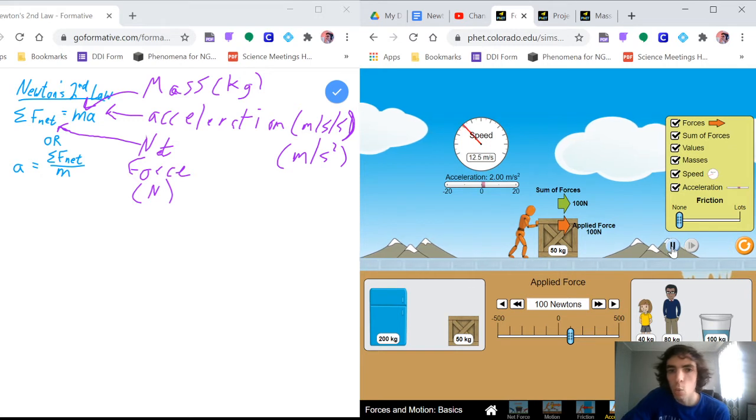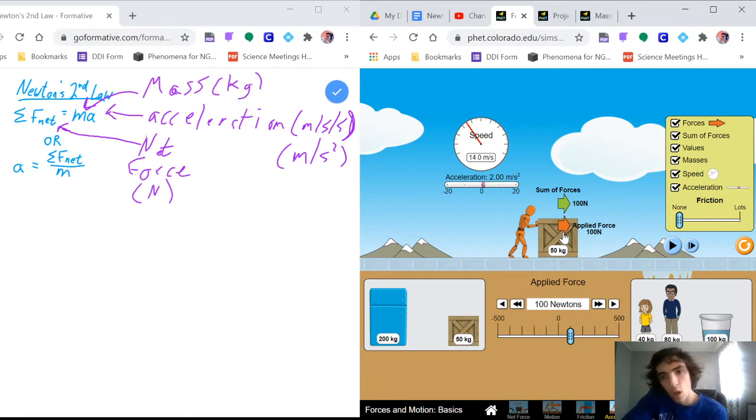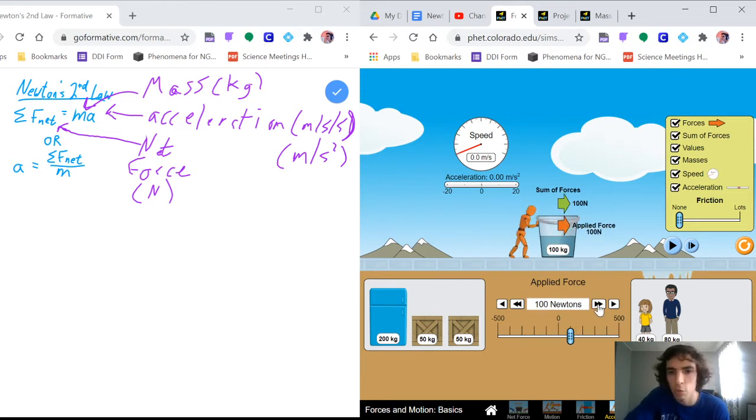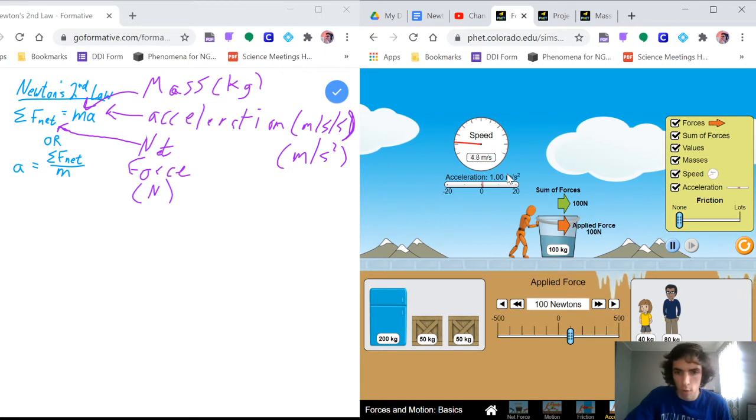Now let's think about what might happen if we exert the same exact 100 Newton force on something that's twice as massive. So now this 100 kilogram bucket of water, let's exert the same force on it, 100 newtons. And now its acceleration is only 1 meter per second squared.